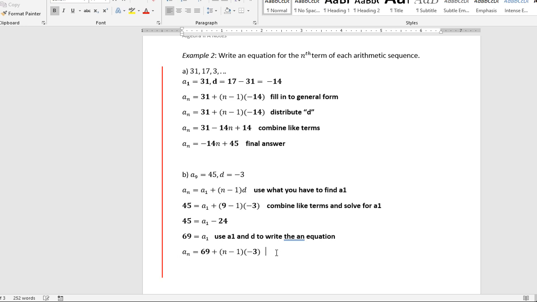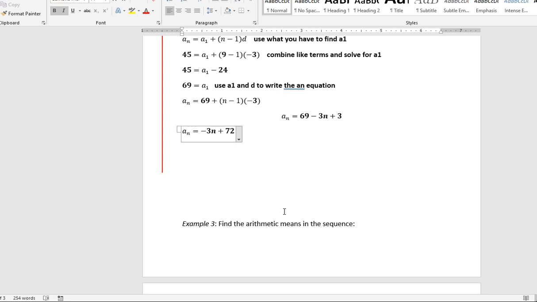So if we follow the steps again, we distribute and we get that this becomes minus 3n plus 3. Combine our like terms, and we end up with negative 3n, and 3 plus 69 is 72. So that would be your final form.